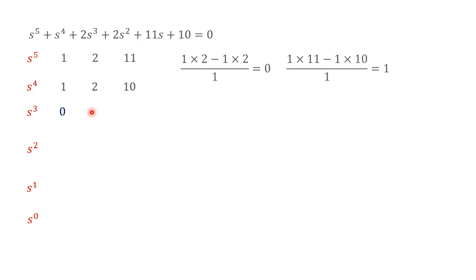Now let's calculate this value. This will become 11 minus 10 upon 1, so it will become 1. And this will become 0 again. Now if we have 0 only in the first column, then we have to assume 0 as a small positive number, epsilon.